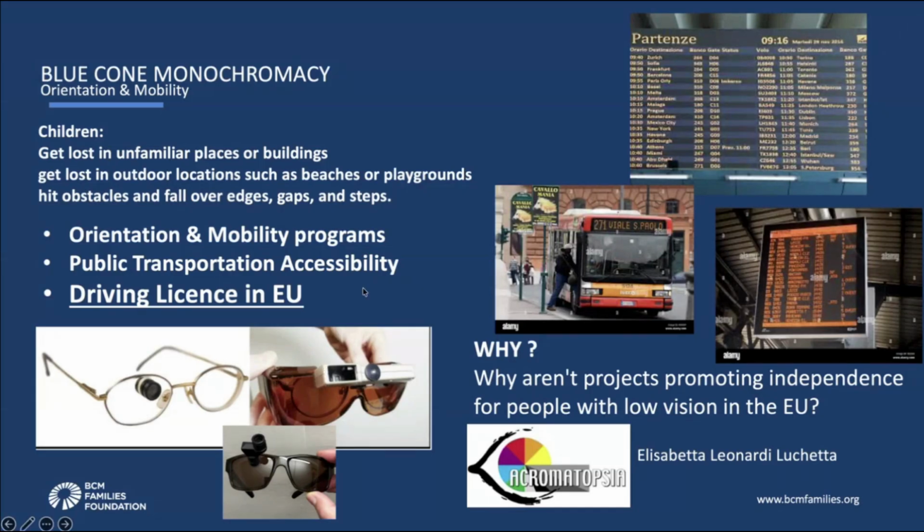But in Europe, there is only one country, the Netherlands, that since 2008 allows people to drive with the bioptic telescope. We made a lot of efforts with the Achromatopsia Association here in Italy to export this beautiful Netherlands program, but we couldn't make it so far.